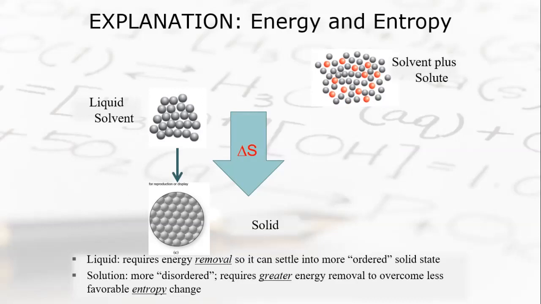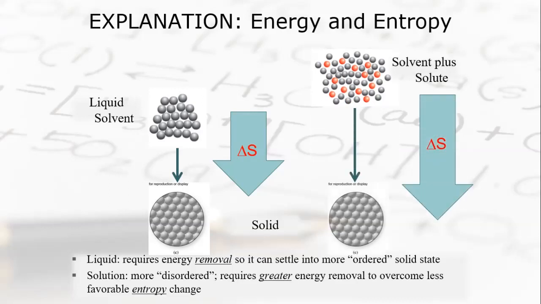So in order to bring it down to the level of order of a solid, you're going to have to take a bigger entropy change in the negative direction. In other words, if the entropy change from liquid to solid was not favorable because it was negative, this one is even less favorable because it is more negative.